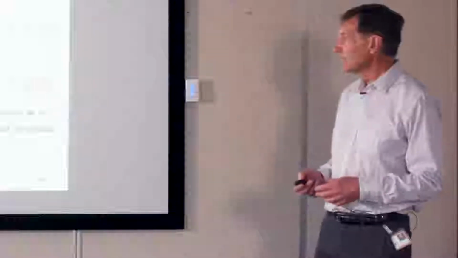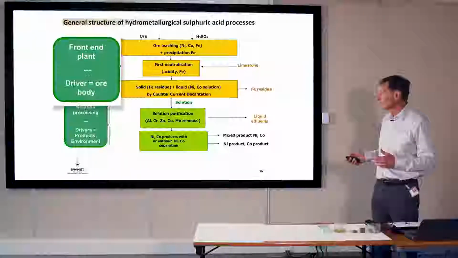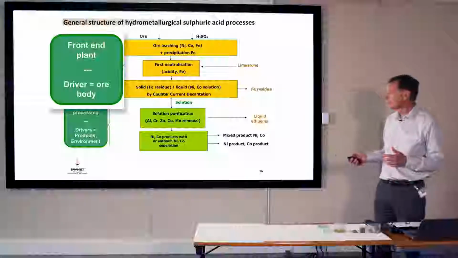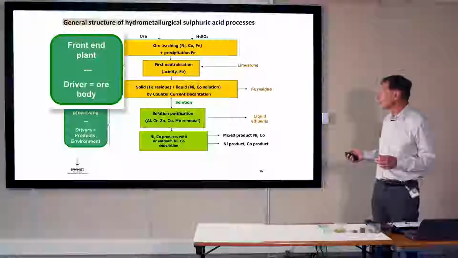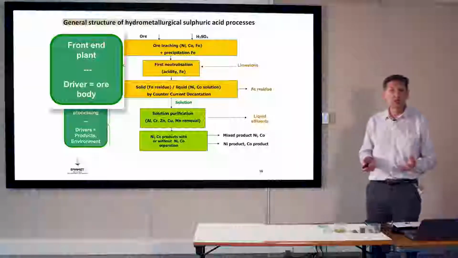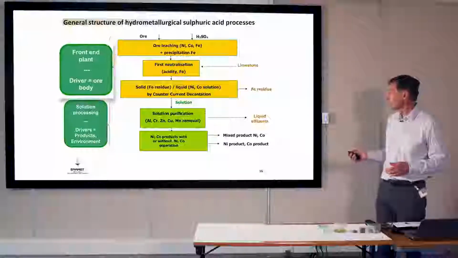The main part is sulfuric acid leaching, and all the processes I will present to you have two different parts. The first part, we call the front-end plant, and for this front-end plant, the main driver is the quality of the ore. What you will have to put in the process: either limonite, or saprolite, or a mixture of limonite and saprolite.